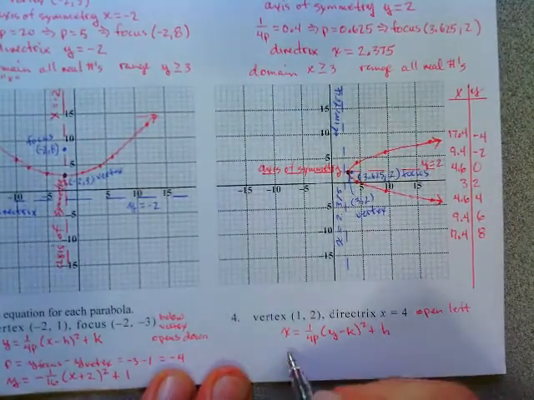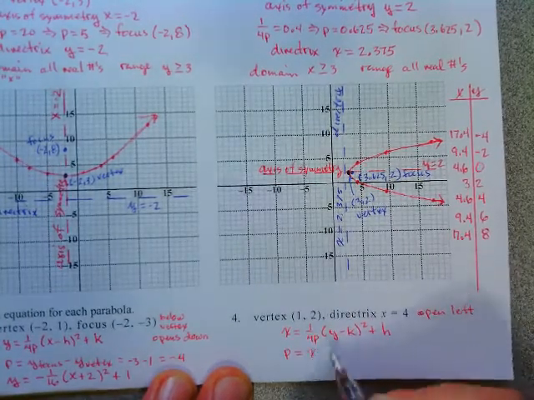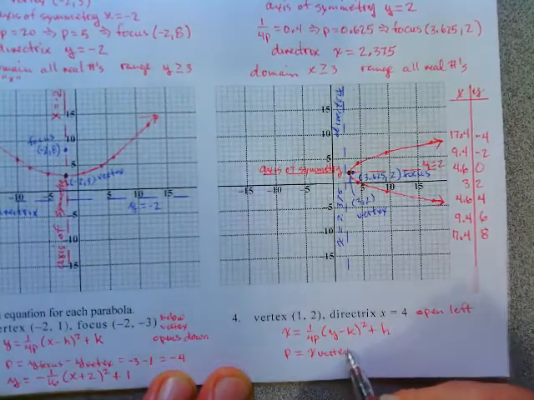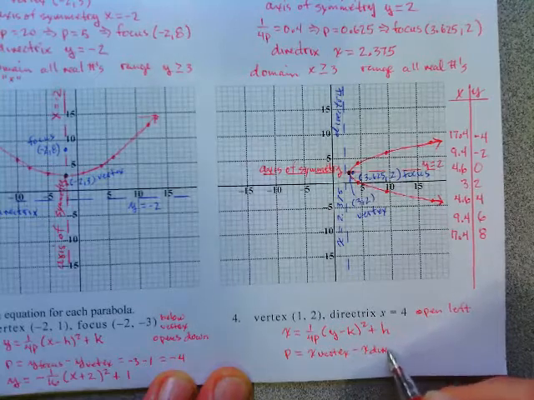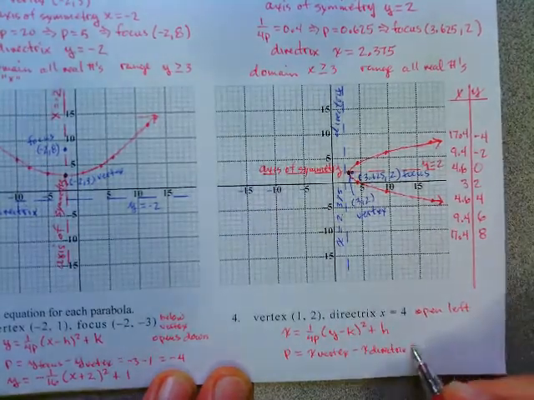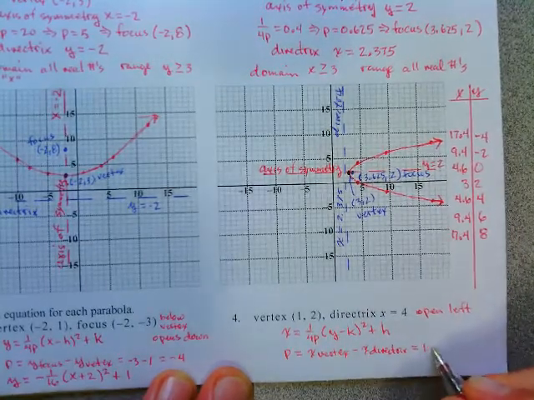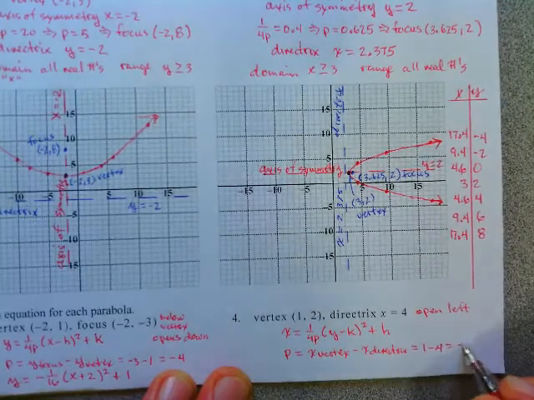So, the p in this case is going to use the x of the vertex, subtract the x of the directrix, which will equal, let's see, the vertex was 1, subtract 4, which equals a negative 3.